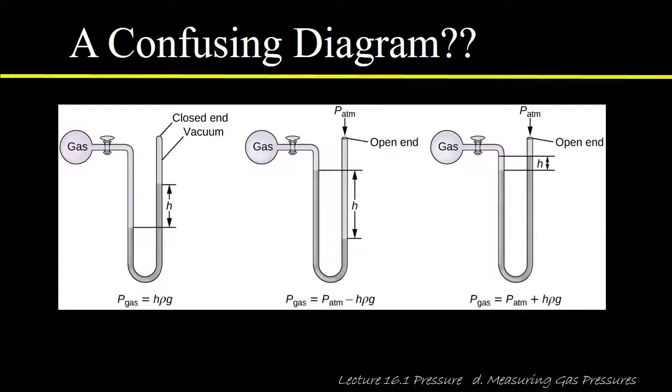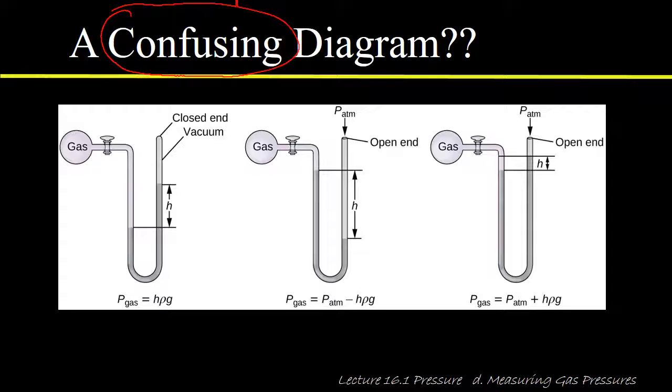All right, so first I want to point out something in at least one of the textbooks. I think this is from the open source textbook. You see diagrams like this in a lot of textbooks, though. I find this to be a really irritatingly confusing diagram. It's got a whole bunch of different setups for these manometers, and has three different equations down here.